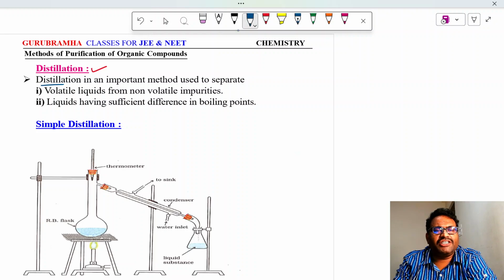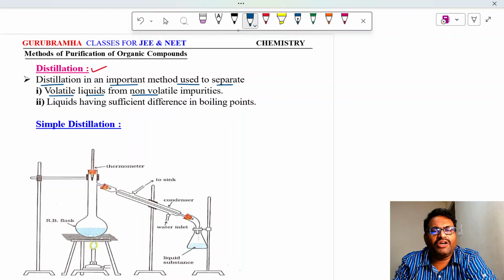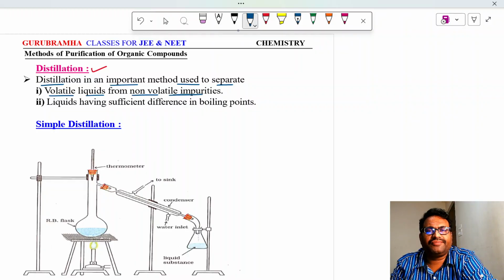So distillation is an important method to separate volatile liquids from non-volatile impurities, right? Especially this distillation process is used to separate a volatile liquid from non-volatile impurities, right? So volatility, already we have discussed this.